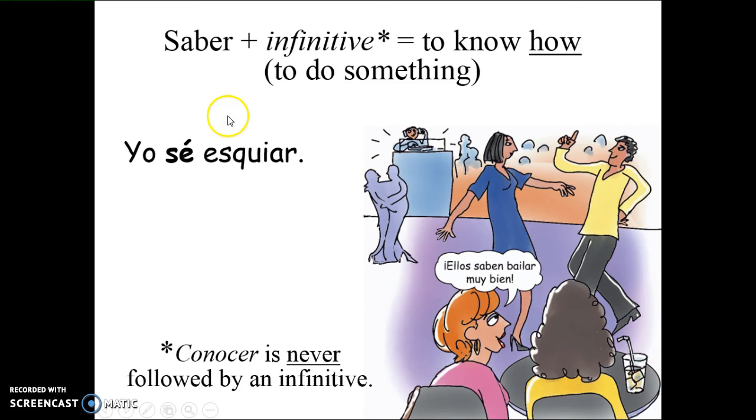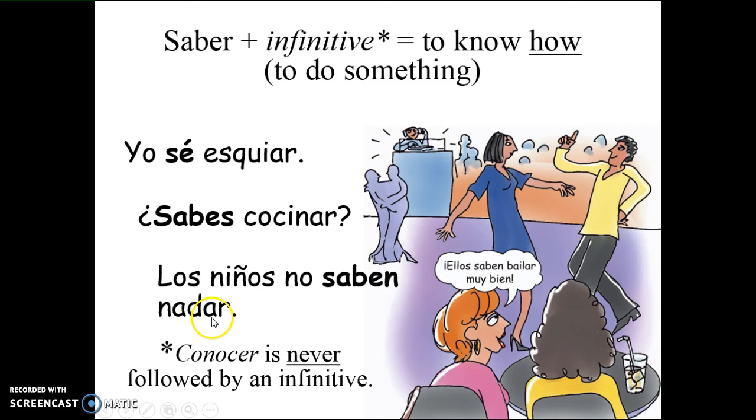You don't put a word for how to, it's just understood that it's in the verb. This doesn't say I know to ski. Literally translates I know how to ski. ¿Sabes cocinar? Do you know how to cook?